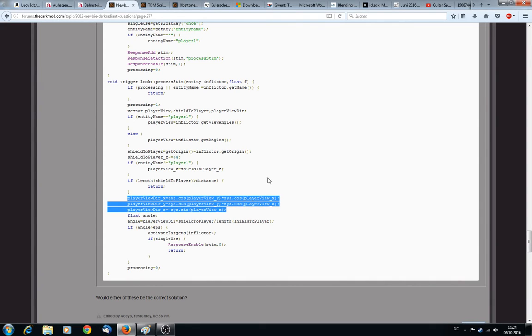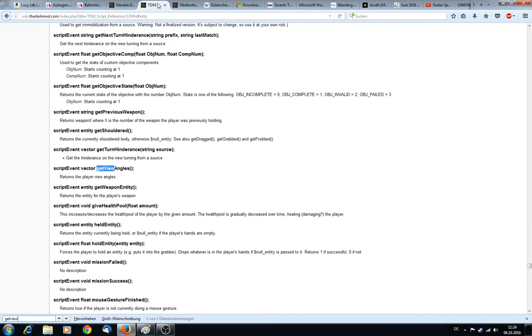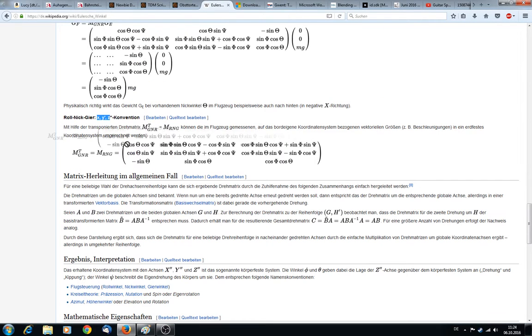So we have these first two angles which we're actually going to use, and this is just this here. So it's basically a very simple transformation.